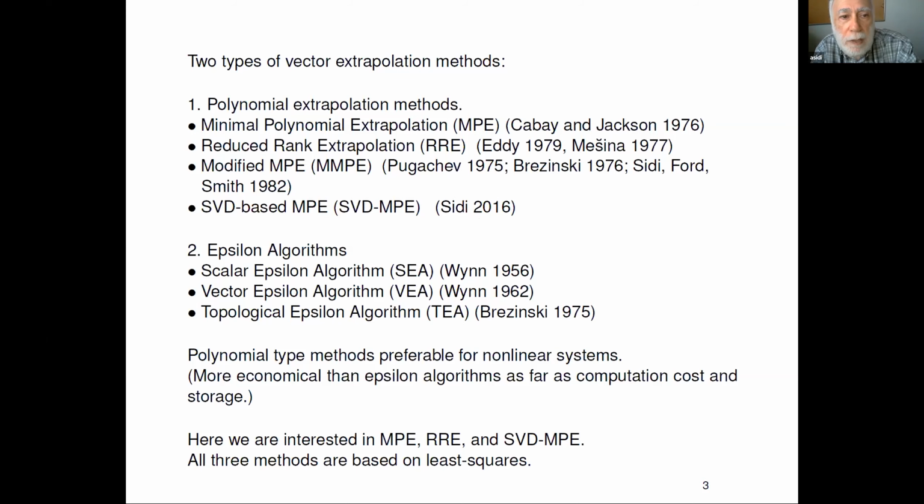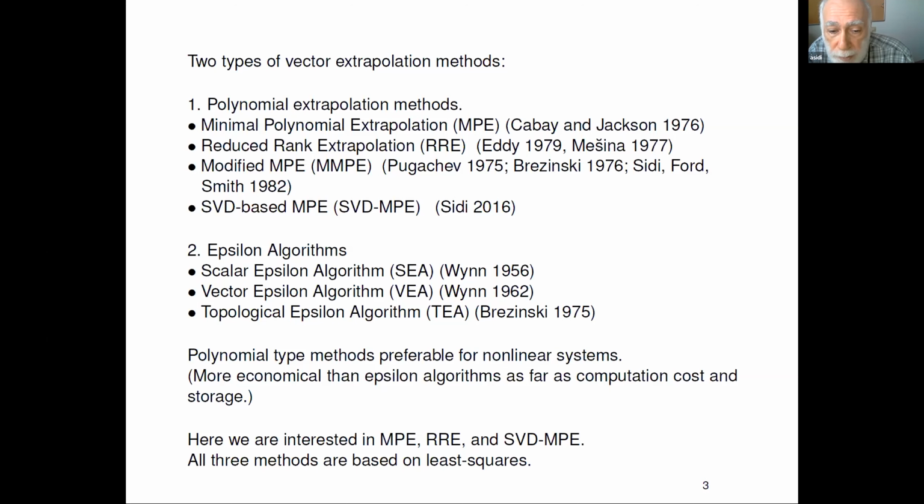Now, MPE is the minimal polynomial extrapolation. RRE is the reduced rank extrapolation. There's also MMPE, modified MPE, etc. I'm not going to talk too much about this. I just want to make the statement that polynomial methods are preferable for systems of equations.